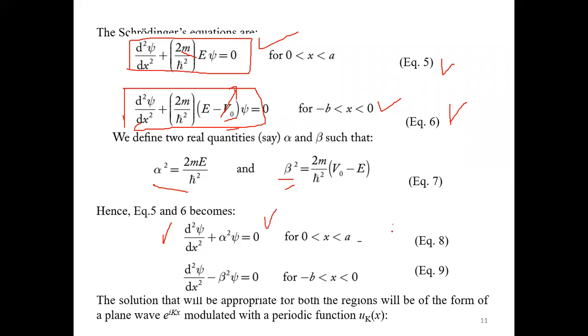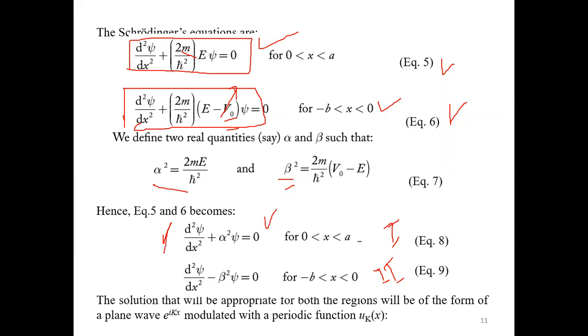That is in region 1, where the electrons are free. And equation number 6 will become this one, where it is not free, that is, it is a bound system, or where there is a barrier potential.